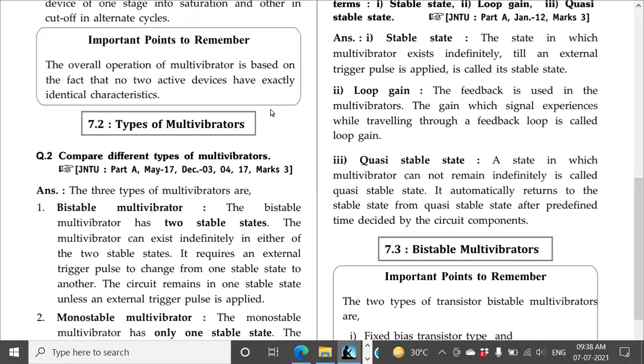For example, if the output is high, it can remain high until you give an external trigger and make it low. Likewise, if the output is low, it can remain low until you give an external trigger and make it high. So the bistable multivibrator has two stable states.